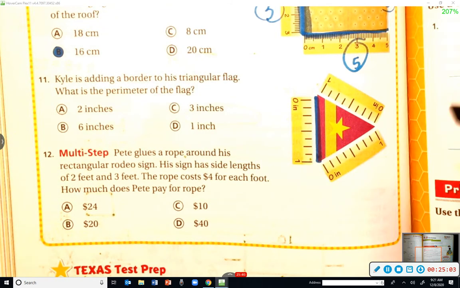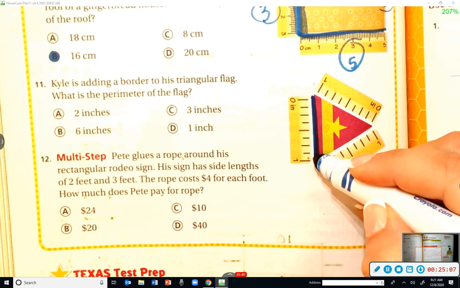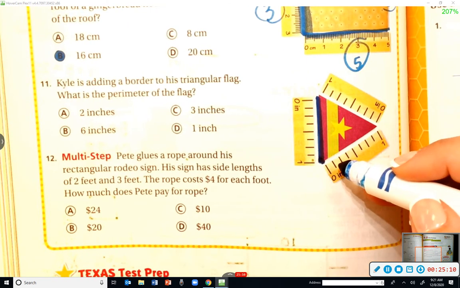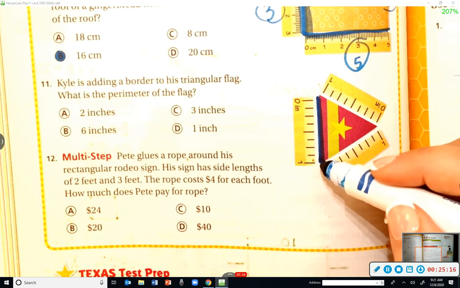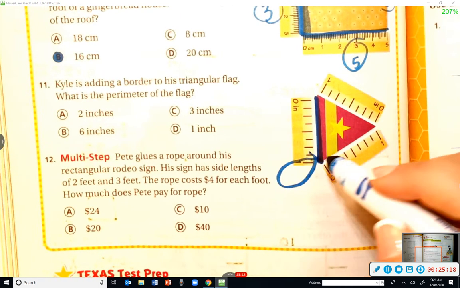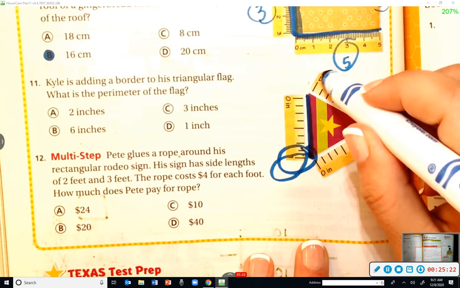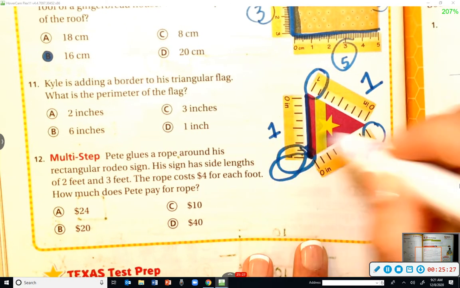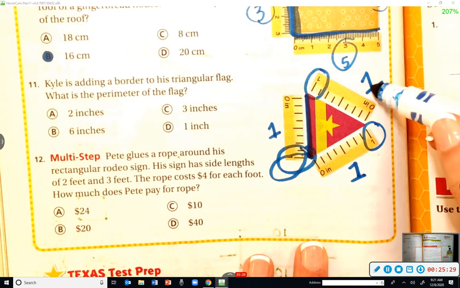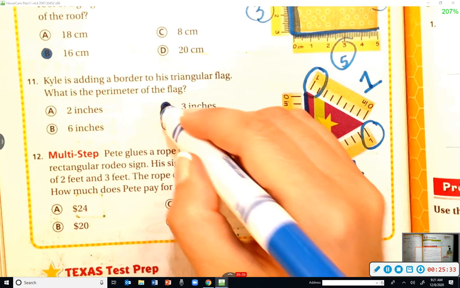Just this one side is 3? What does the ruler stop at? What is the ruler stopping at? A 1. So each side measures 1 inch, right? What's 1 plus 1 plus 1? 3. So C would have been your answer for number 11.